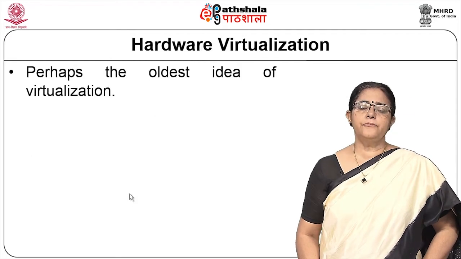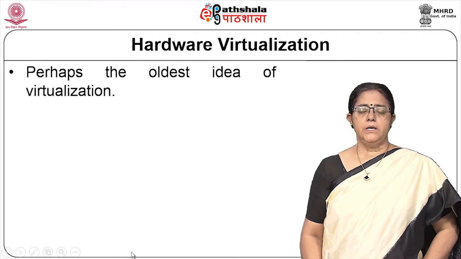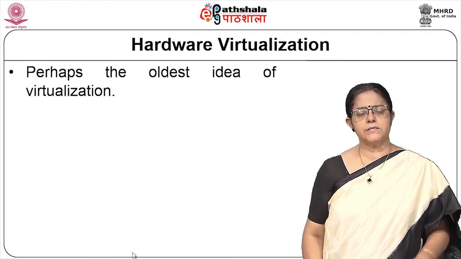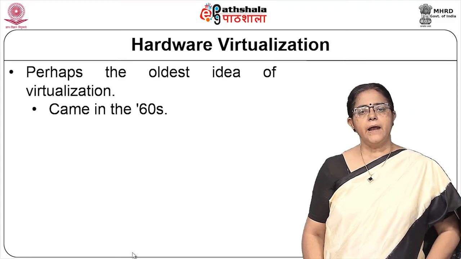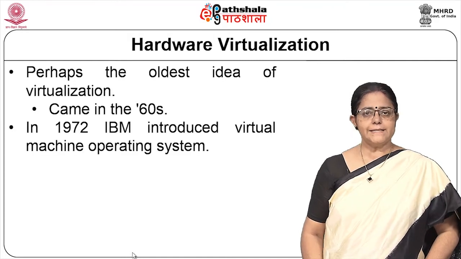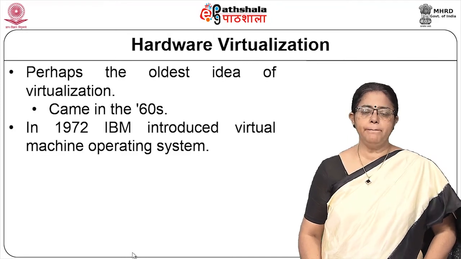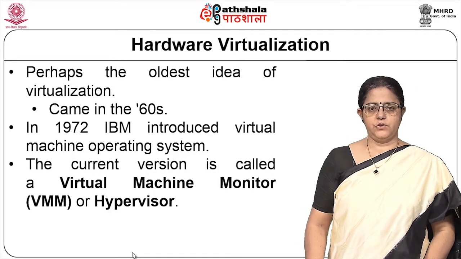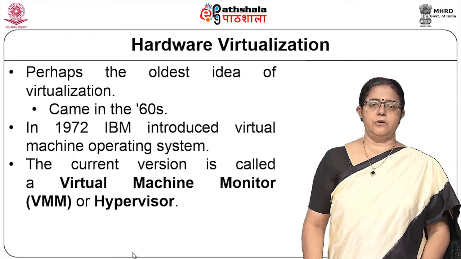For hardware virtualization, the idea is perhaps the oldest. All other virtualizations came after that. Around the 60s the concept of virtualization was conceived. In 1972 IBM introduced their system with virtualization, a virtual machine operating system.